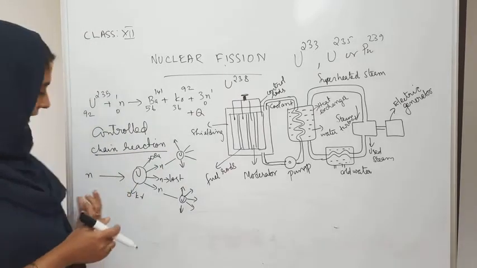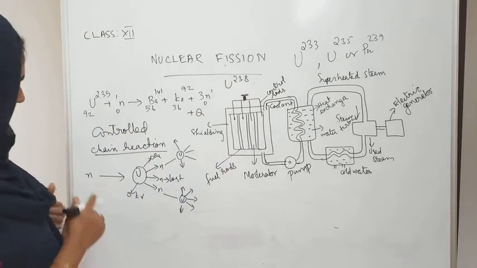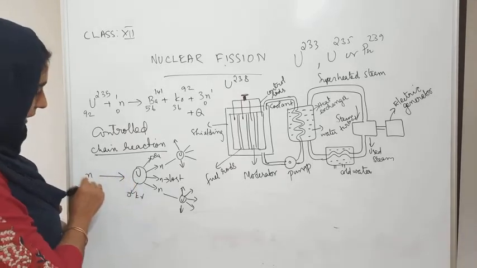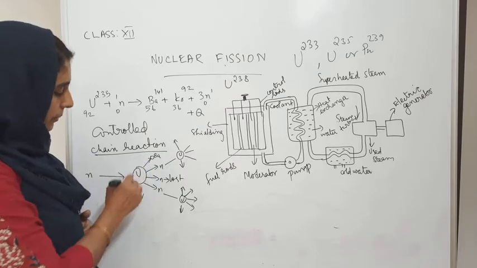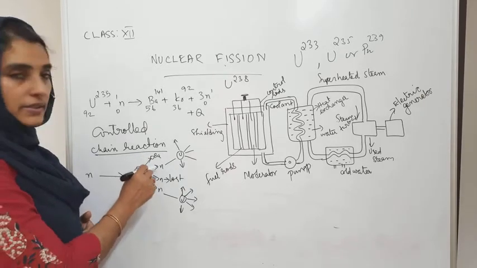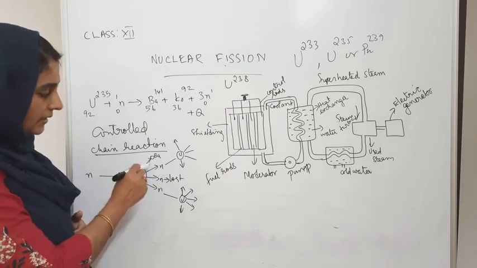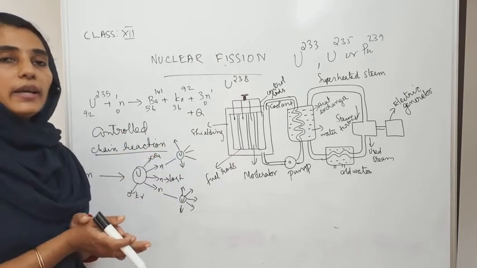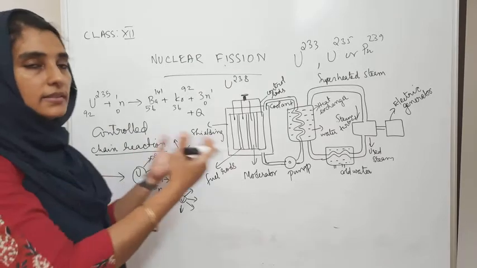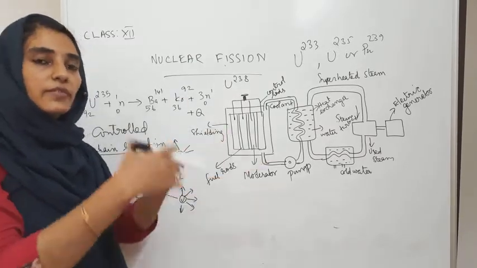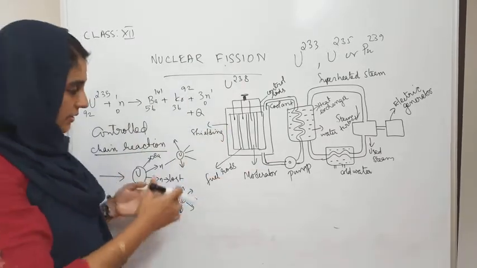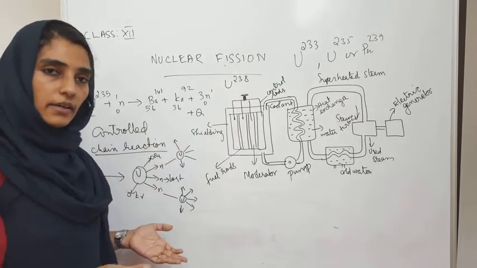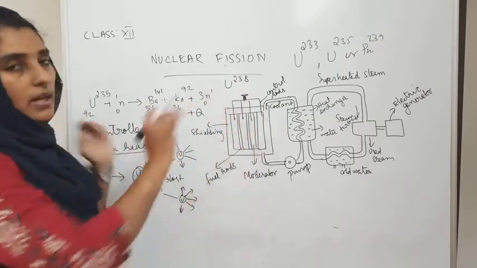What a chain reaction is, is shown here. When uranium 235 is bombarded with one neutron, it releases barium and krypton along with three neutrons, and these three neutrons have a probability of hitting three other uranium nuclei. This will again initiate further reactions, and these neutrons will again bombard other uranium nuclei, and this will go on indefinitely.